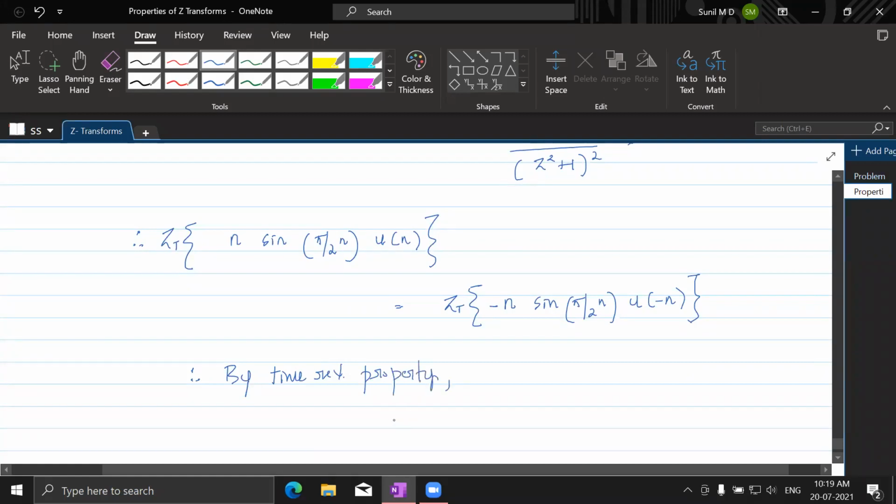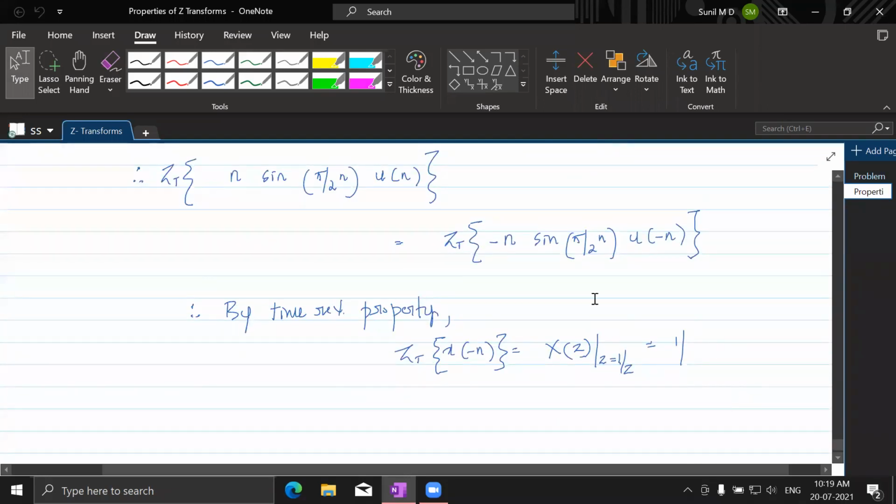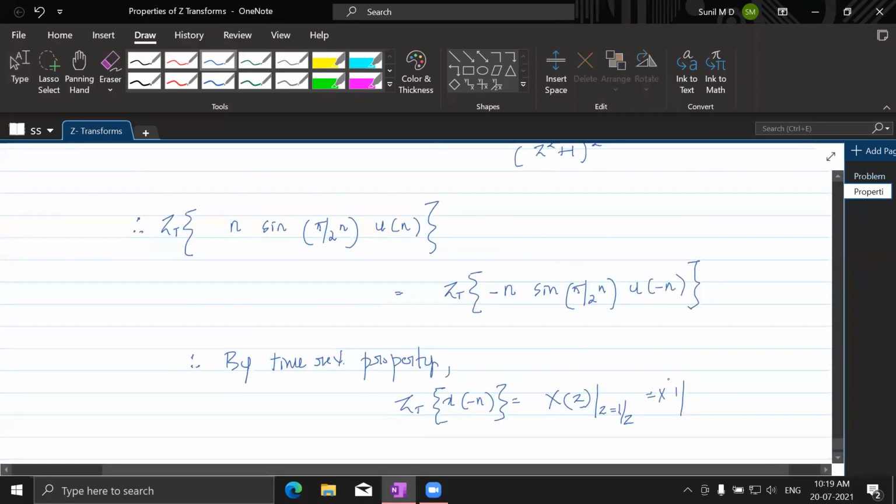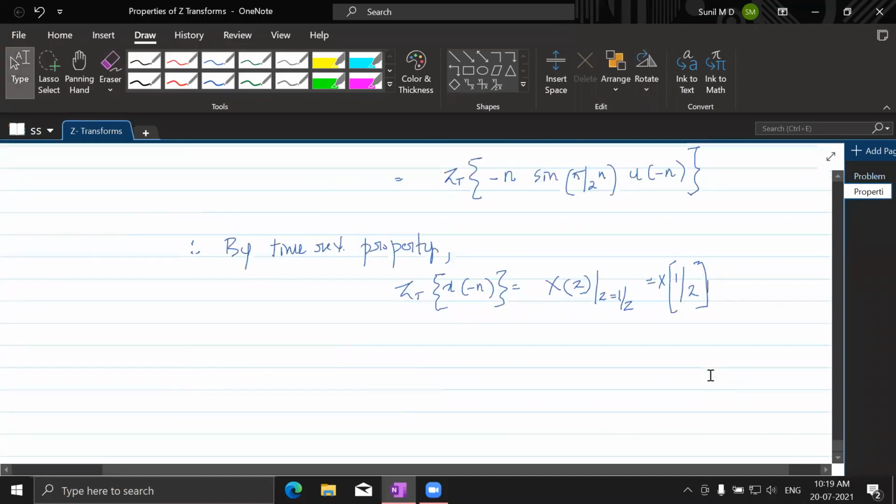Anybody? The Z transform of x of minus n is X of z, where z is replaced by 1 by z. So that means it is X of 1 by z. This is how it should look like. Fine.